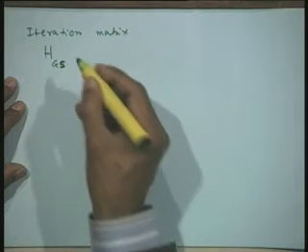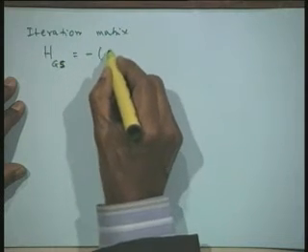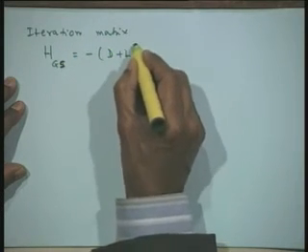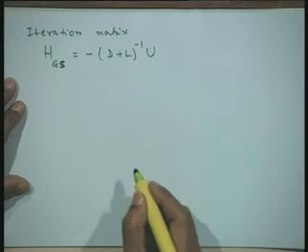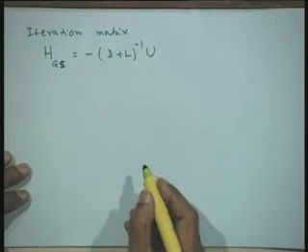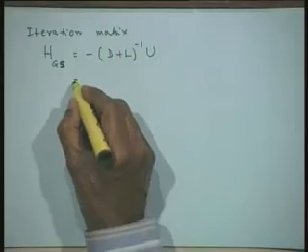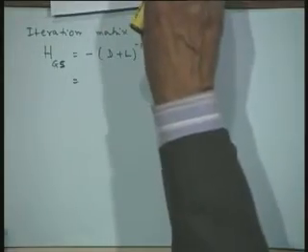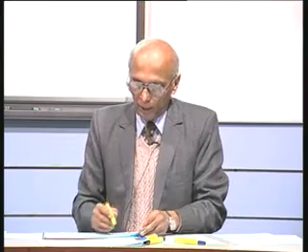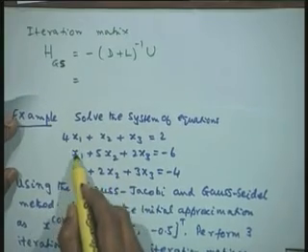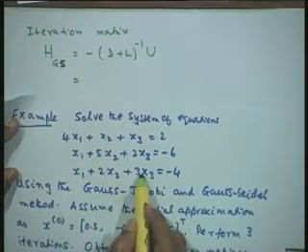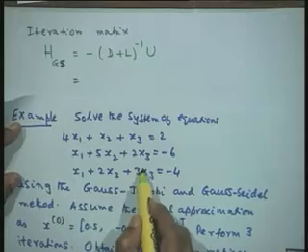We will put GS, Gauss-Seidel: minus (D plus L) inverse of U. Let me go back here and write from here. Our D plus L will be 4 1 5 1 2 3, so that will be the D plus L part.